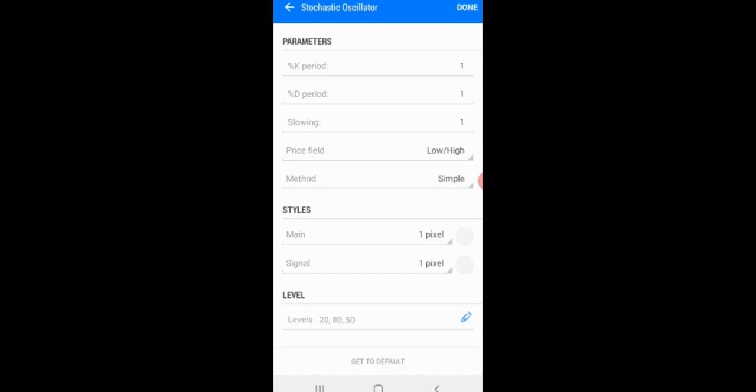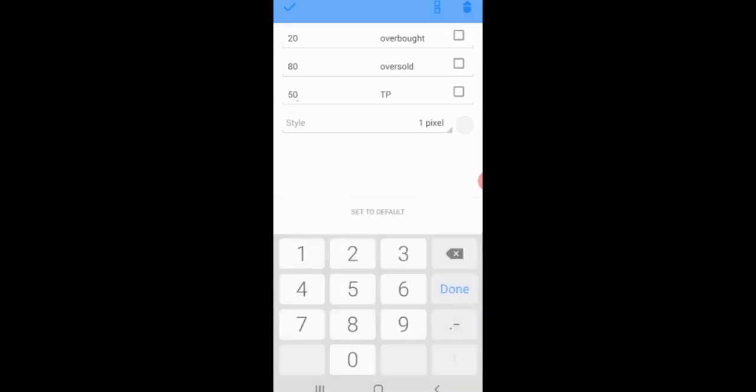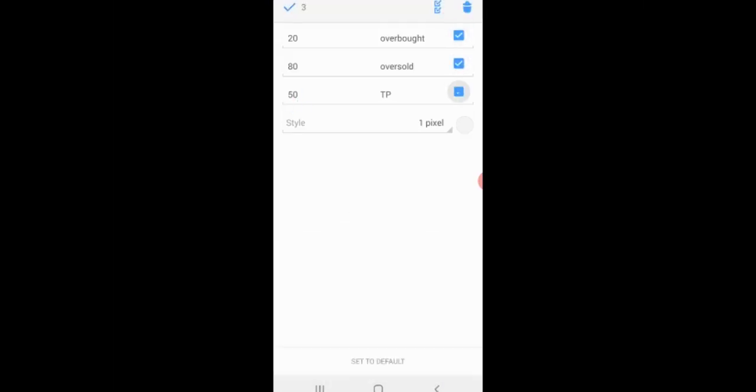So just the way you see it on the screen now, this is how you should set your stochastic oscillator. I know many people don't know how to set the levels, but this is how you set them. Let me delete them so I can set them again. Okay, I've deleted them.